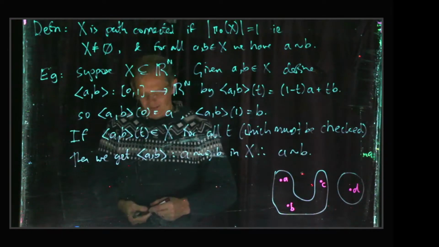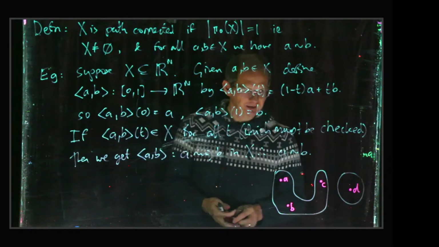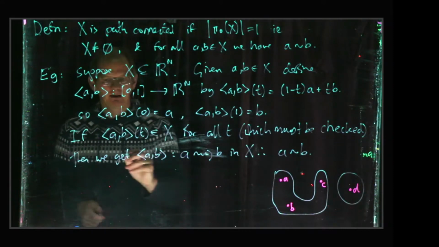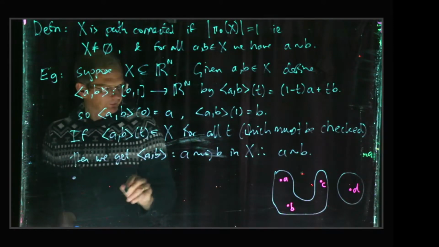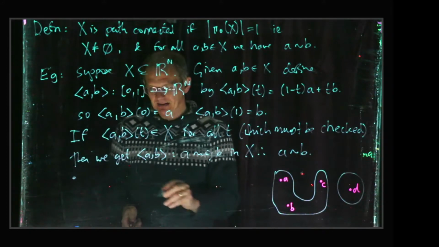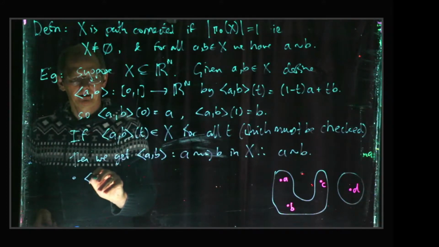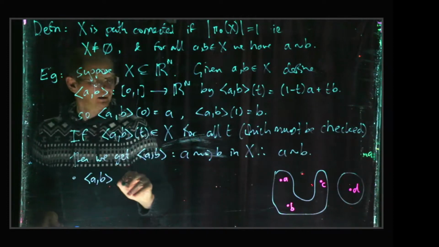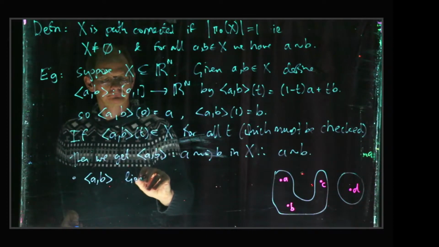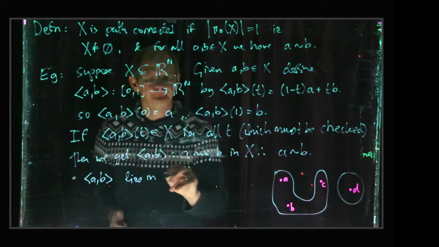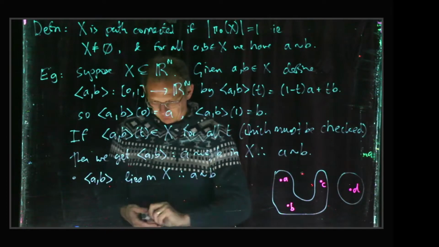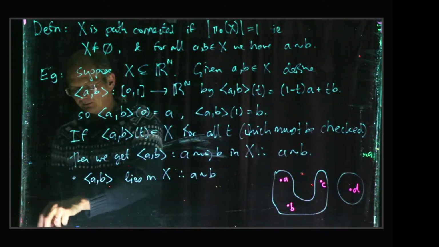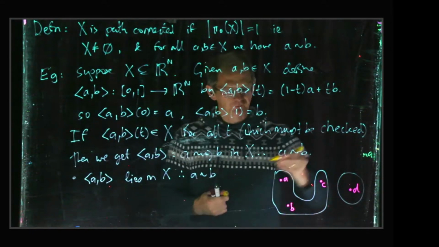Okay, so the situation with these ones: firstly, if we just go from A to B, then this lies in X. Here we're just looking at this straight line path.